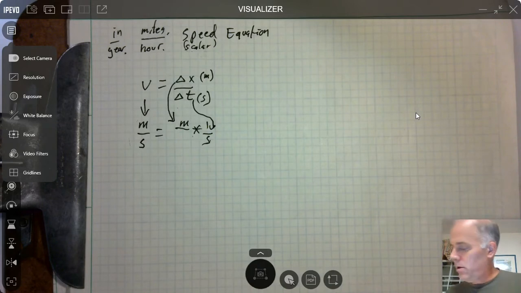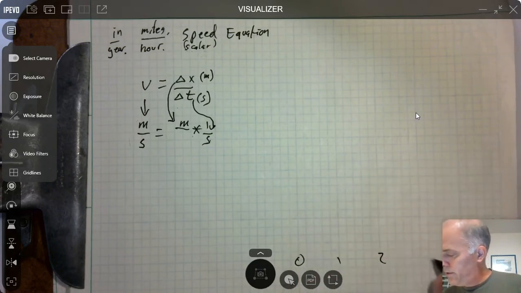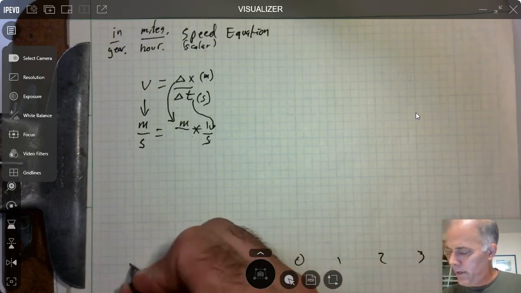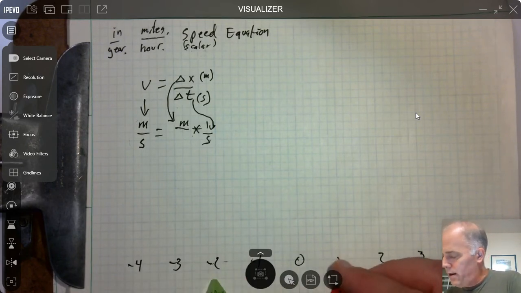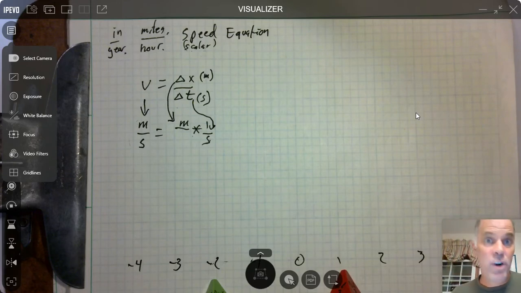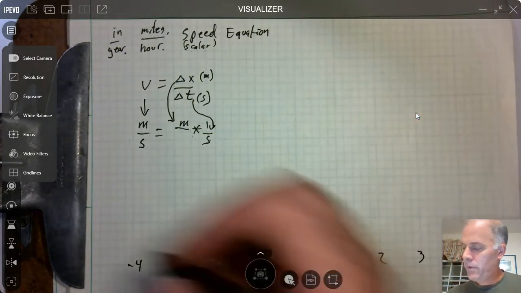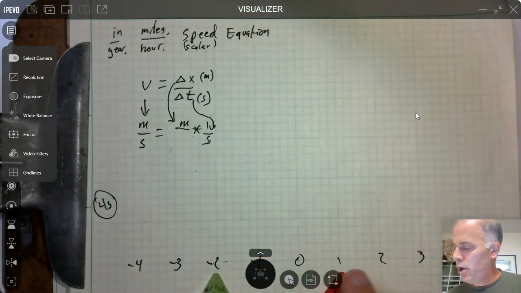Okay, so let's go back to our scale here. So 0, 1, 2, 3, 4, -1, -2, -3, -4. And we start here and we end here. And let's say we do the trip in 4 seconds. Okay, so our time is going to be 4 seconds. We'll just use that so we always have a good number to go with.